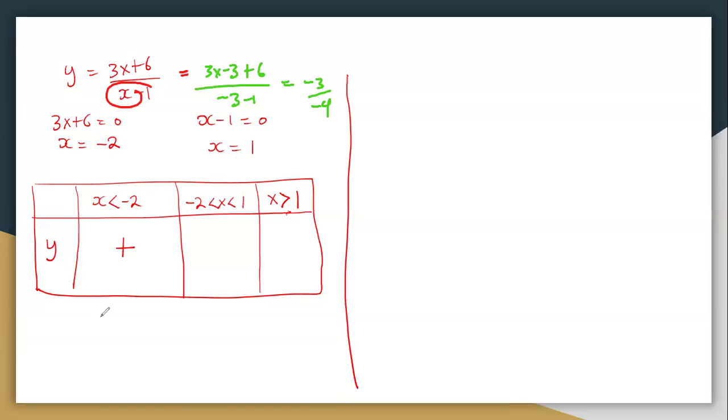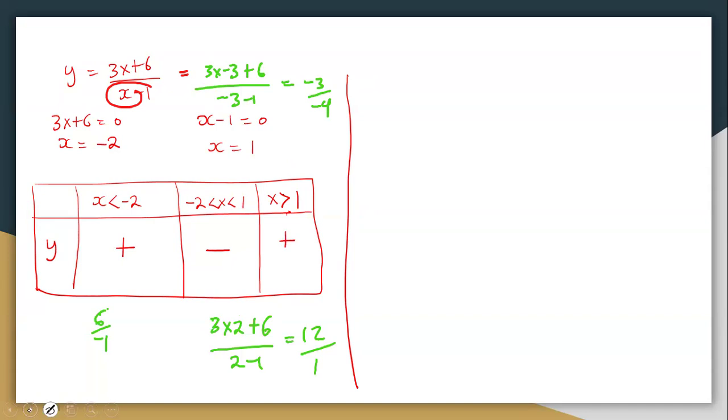If we put 0 in our equation, we get 6 over -1, giving us a negative. Then if we use maybe 2 in our equation, that will be 6 plus 6, giving us 12, then over a positive, giving us a positive.